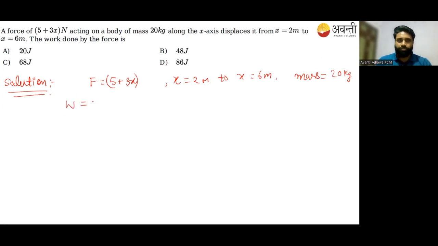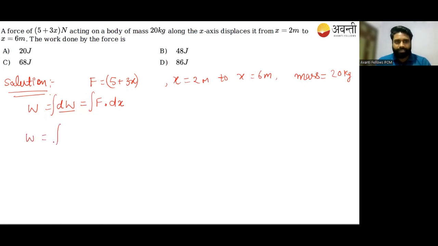Okay. Now what is work done? Work done is equal to force into displacement. But here the force is variable. So we would have to take a short displacement for which this force is a constant one, and then we would integrate it. So we have to find the dW, the small work. Then we would integrate this dW so that we can get the total work.